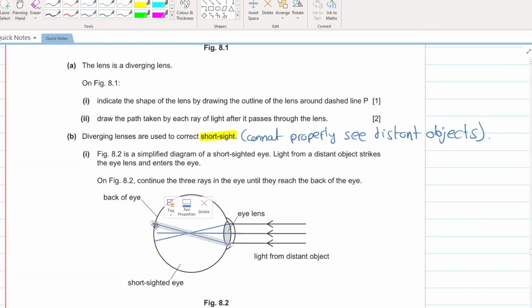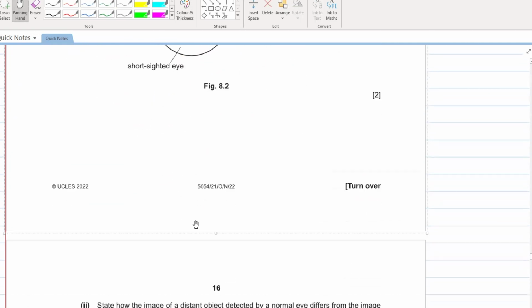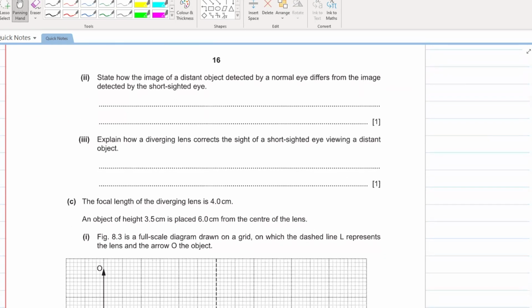Let's also shape this correctly. In short-sightedness, your light rays used to converge before the retina. This used to be your image. Obviously, you can extend these lines as well, like this. These drawings are much easier to draw on paper than in a digital format.